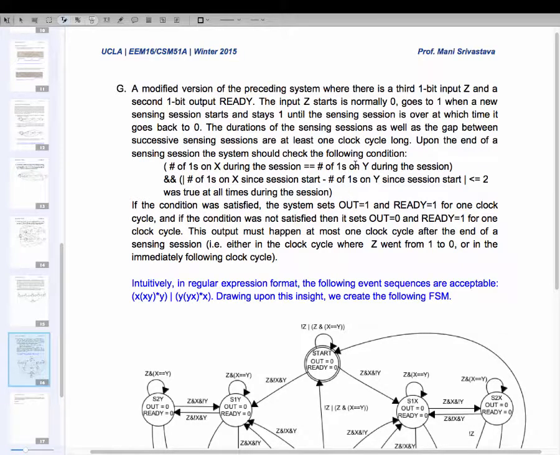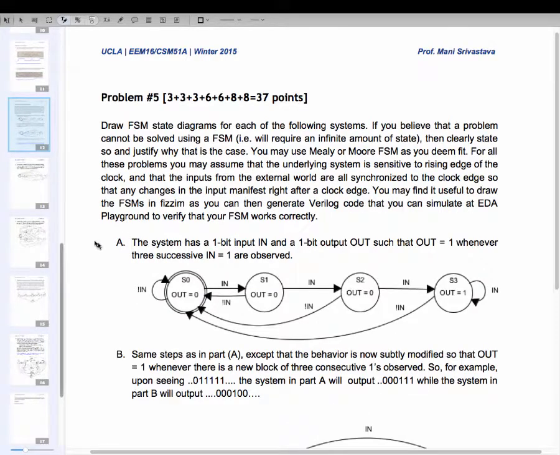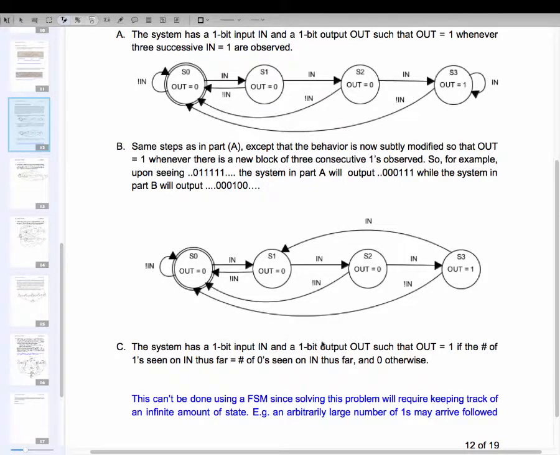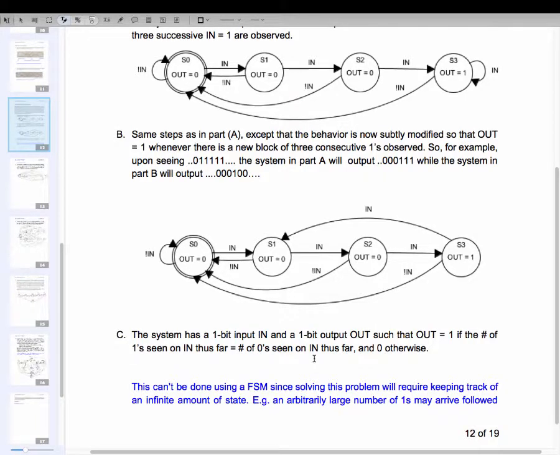Earlier, if I go back a little bit, there was a problem which said the system has a 1 bit input in and a 1 bit output, such that out equals 1 if the number of ones seen thus far is equal to the number of zeros seen thus far. This is not a finite state problem, because I could have an arbitrary number of ones arrive before even a zero began to arrive.